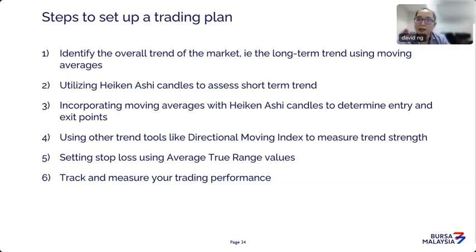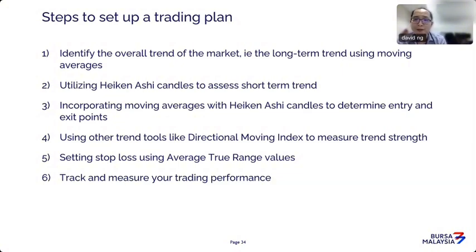There are always tools available that you can look at. One of the easiest ways is to plot moving averages and see where the price is in relation to them, and from there you can see where the trend of the market is. The second method is to use Heiken-Ashi to assess shorter-term trends, whether the short-term trend is bullish or bearish.